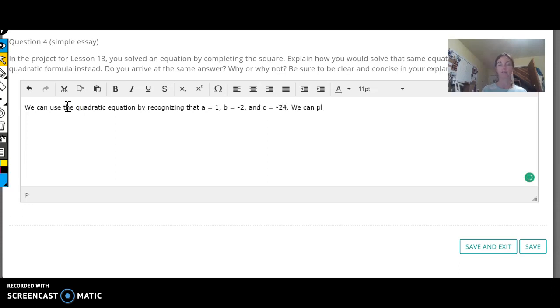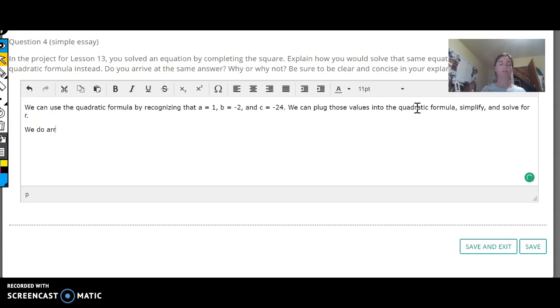We can plug those values into the quadratic formula, simplify, and solve for r.